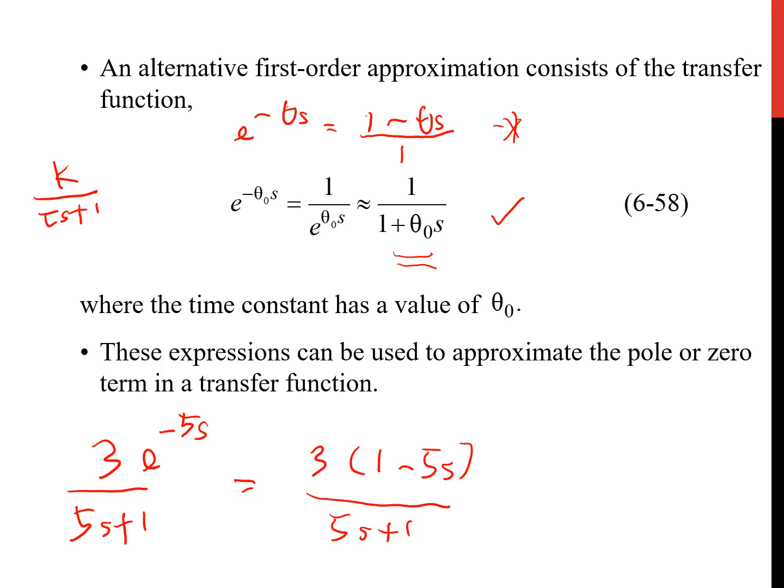If you don't want to have the 1 minus 5s, then it becomes 3 over 5s plus 1, and then this one becomes 1 plus 5s. So indirectly you have a second order.